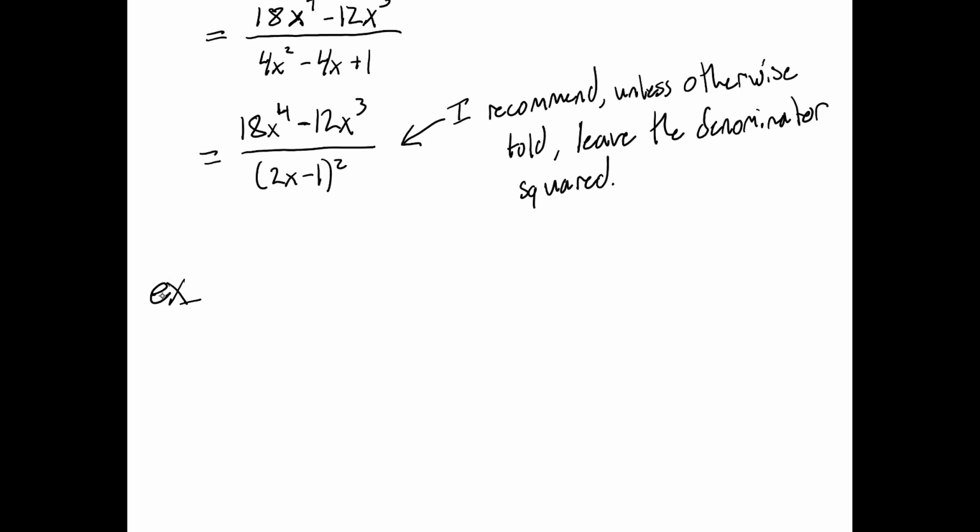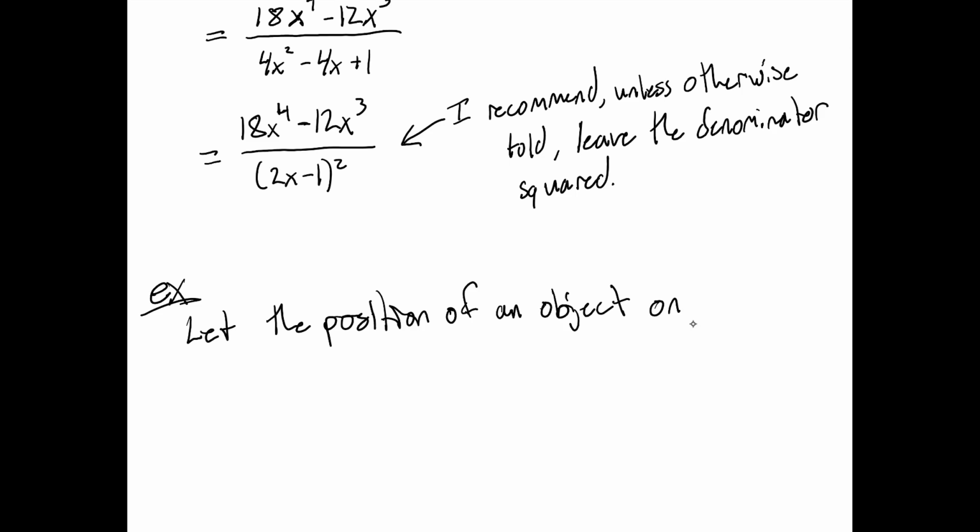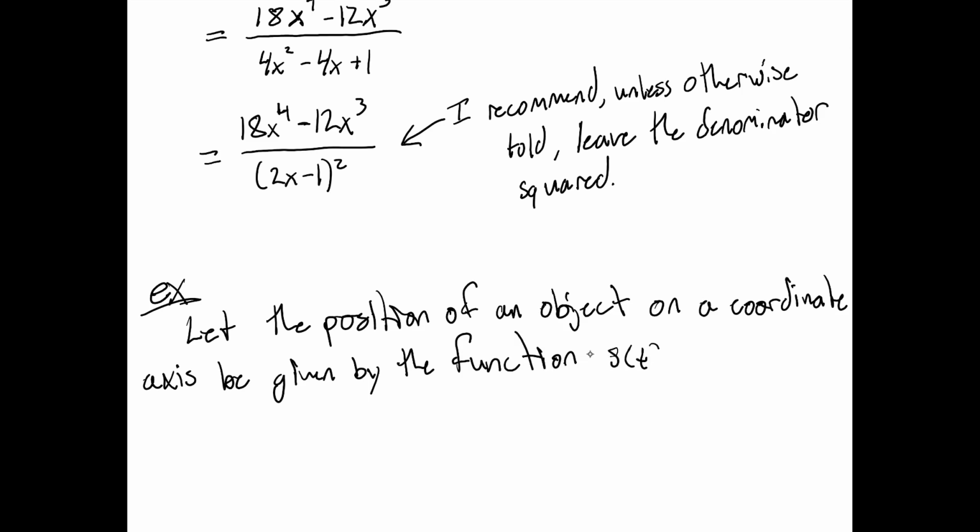So let the position of an object on a coordinate axis be given by the function s of t equals t over t squared plus 1, where t is time.